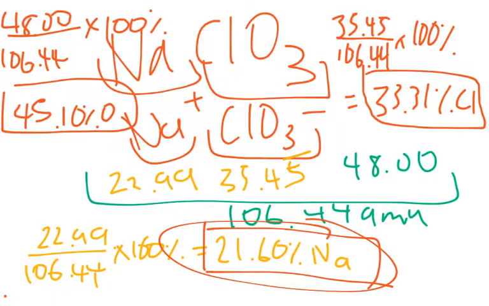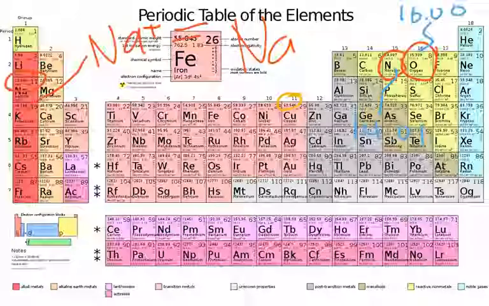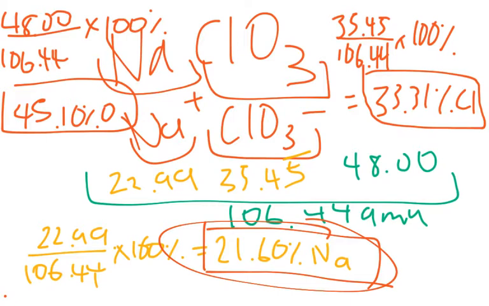And remember that when we calculated the molar mass of a compound, we could either use the average atomic mass of the individual elements, or we could use the molar mass of the individual elements. So the same applies here. We could also use molar masses in order to get to the same conclusion.